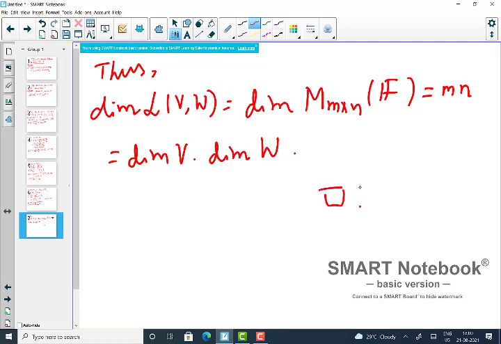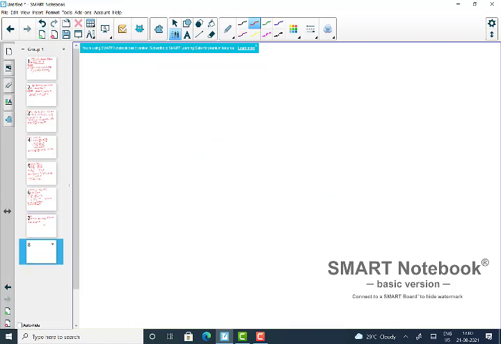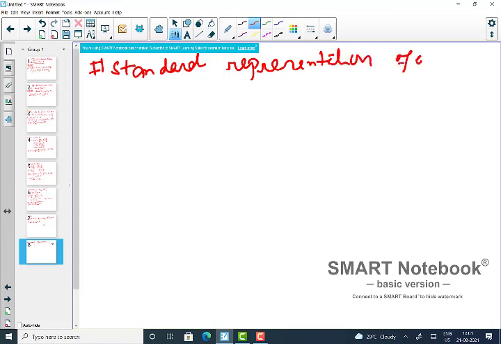Okay, so now you also recall we also discussed something called the standard representation of a vector space, a linear space V, and that gives an isomorphism, right?